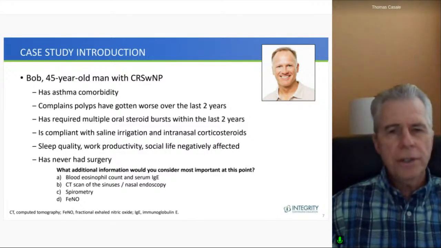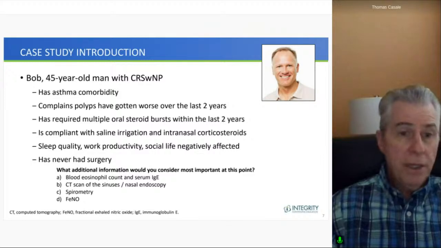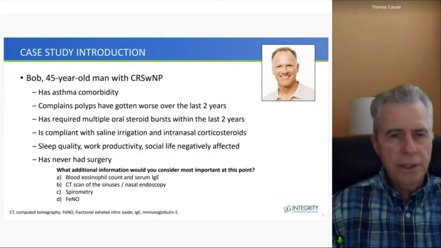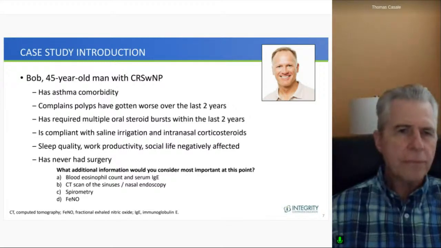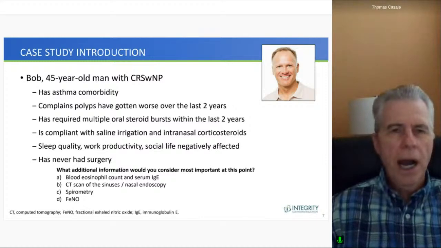So what additional information would you consider most important at this point? So would you get a blood eosinophil count and serum IgE, CT scan, nasal endoscopy, spirometry, pheno? Well, when you think about this, what would be your thought process as to how you might treat this patient next?